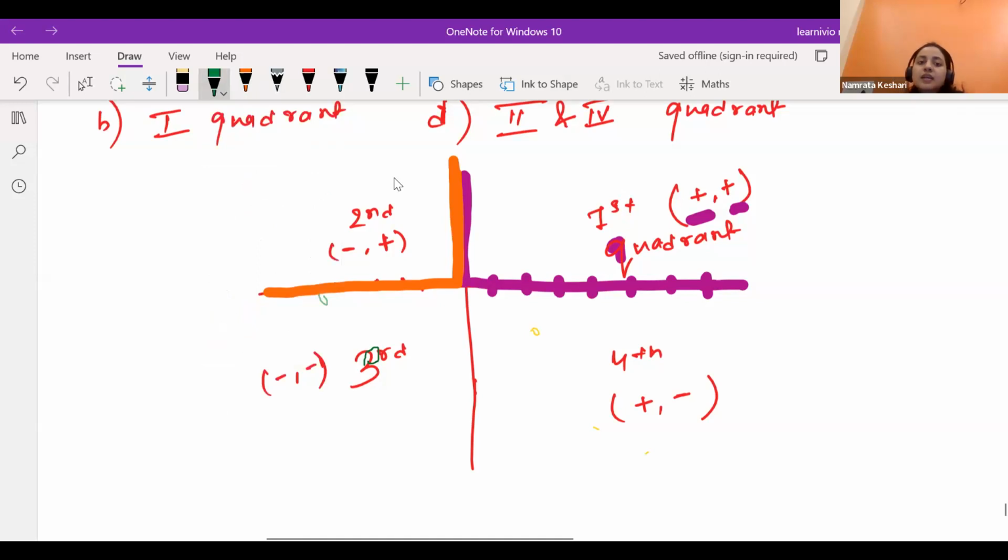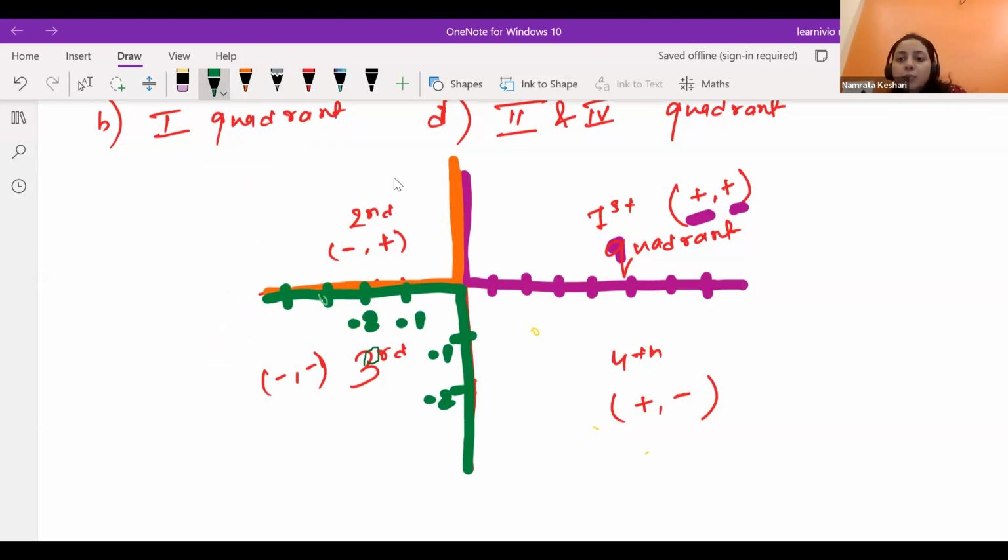Farhan, in third quadrant, see carefully, this much portion is coming in the third quadrant, and x will always be -1, -2, x will be negative, and y will also be negative, -1, -2, like that. So in third quadrant, the point looks like minus minus.